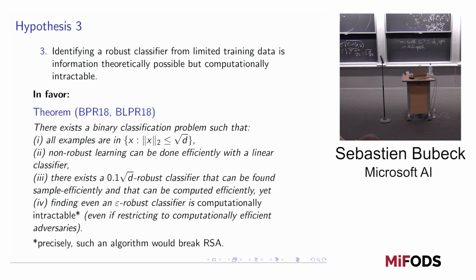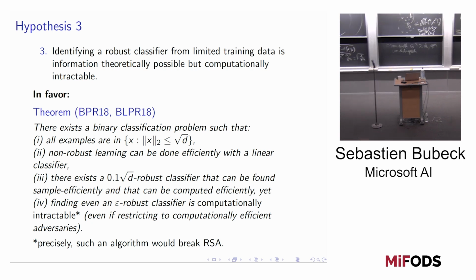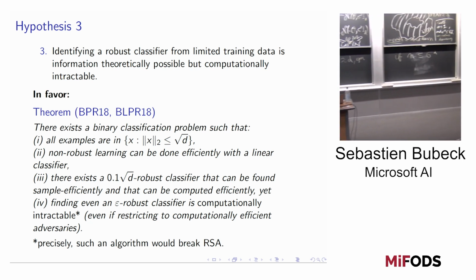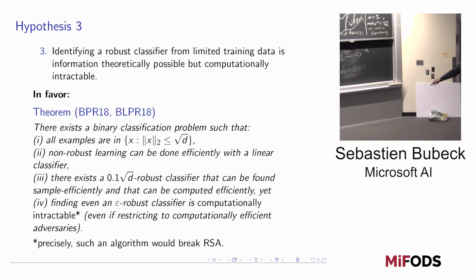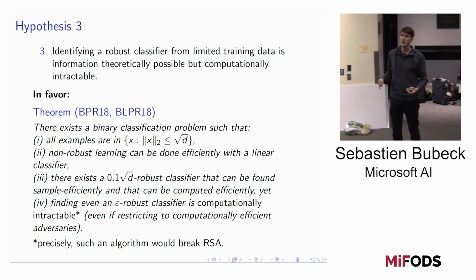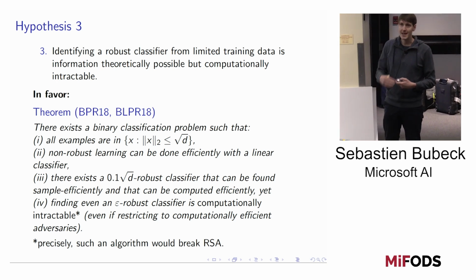Namely, if you find something that works for these settings, then you break RSA, or you can factor large integers. Does the statement make sense? This is really saying that restricting the adversary, assuming that there exists something very robust, is still not enough to make the problem feasible in any meaningful sense.